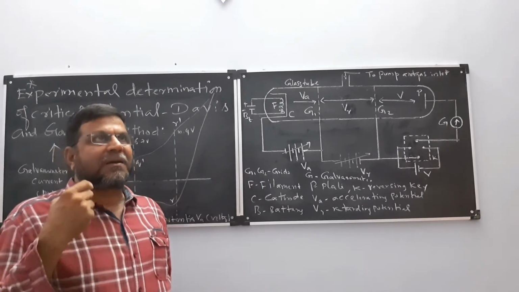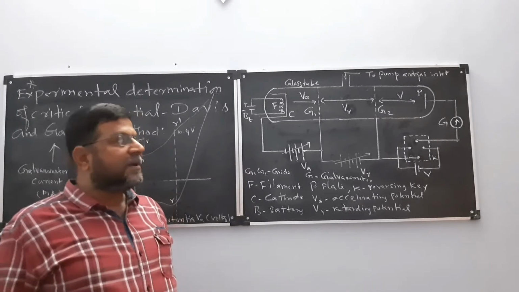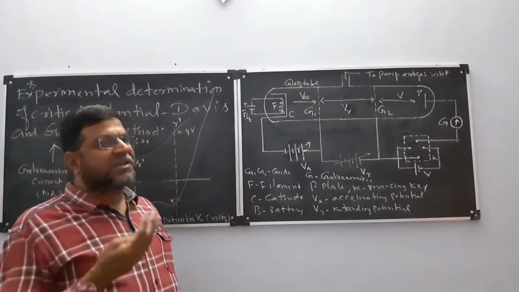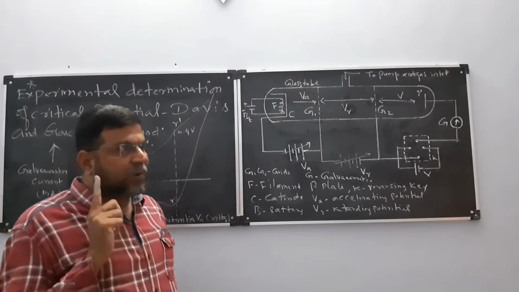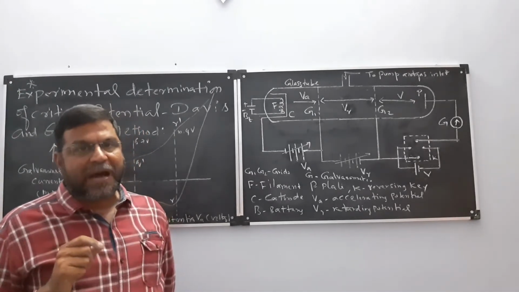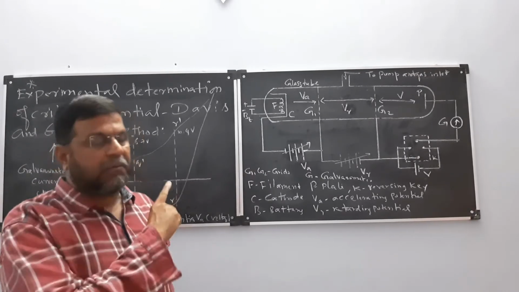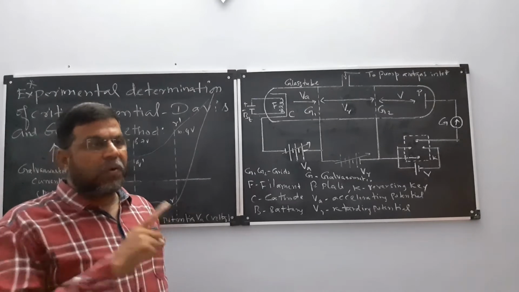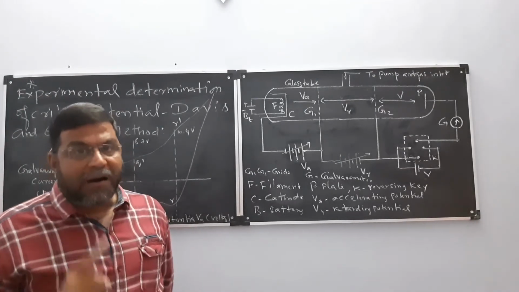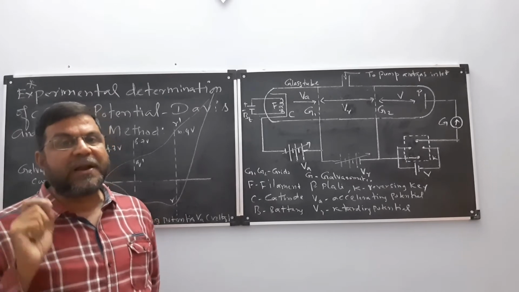That means the electrons which are moving very fast will be reduced in speed, and they will be able to cross G2. There is one important point: the grid G2 and the plate P are made up of photosensitive material.